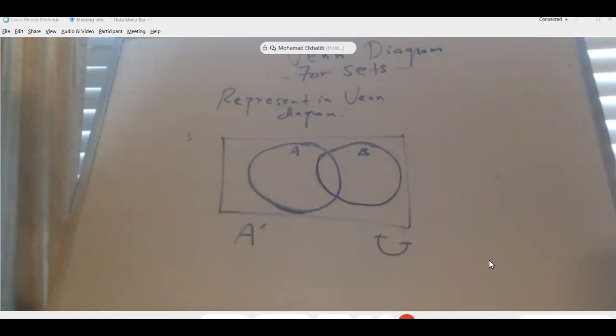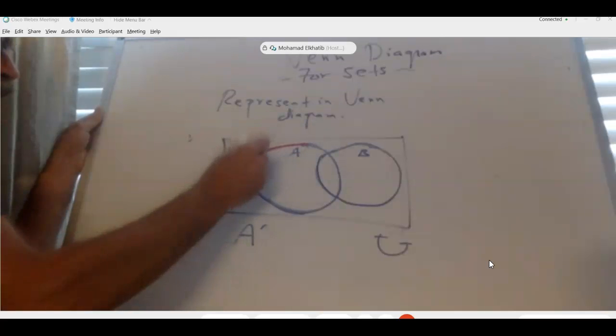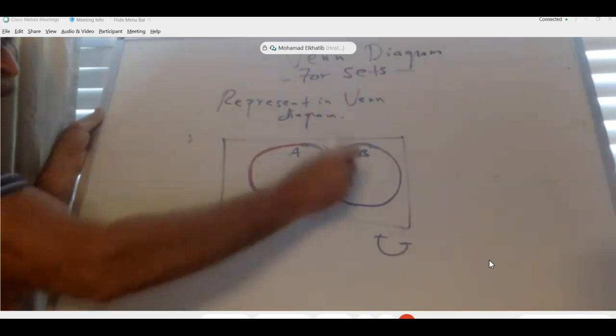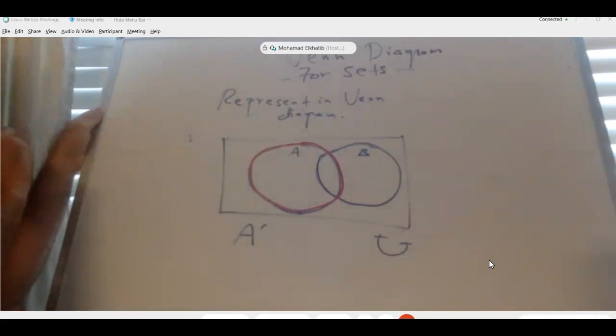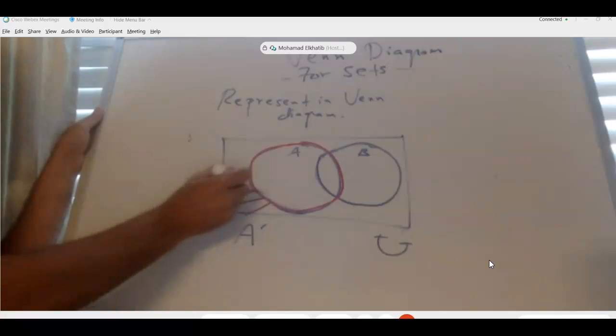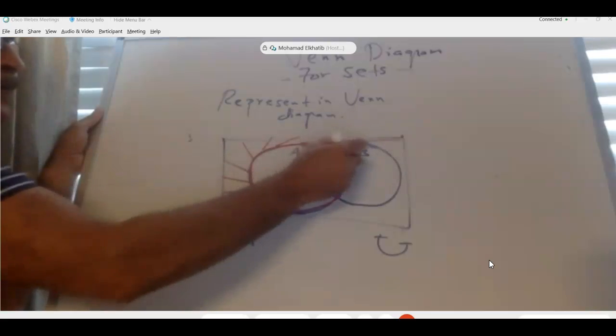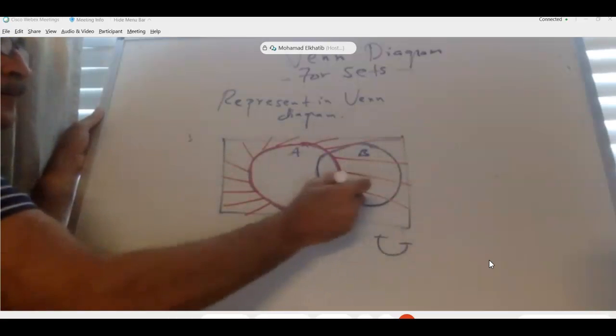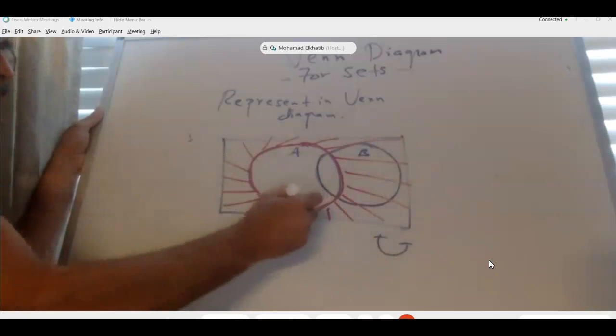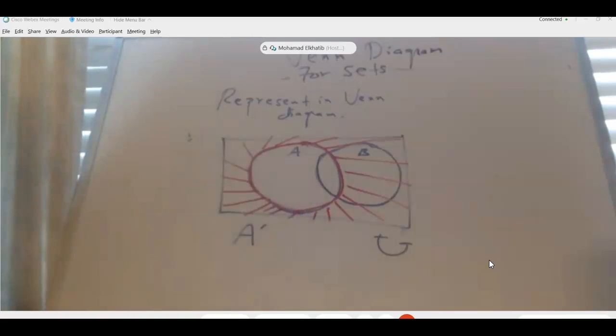A prime means everything except A. So if this is A, A prime is all the elements except A, so I shade everything except A. And I'm done.